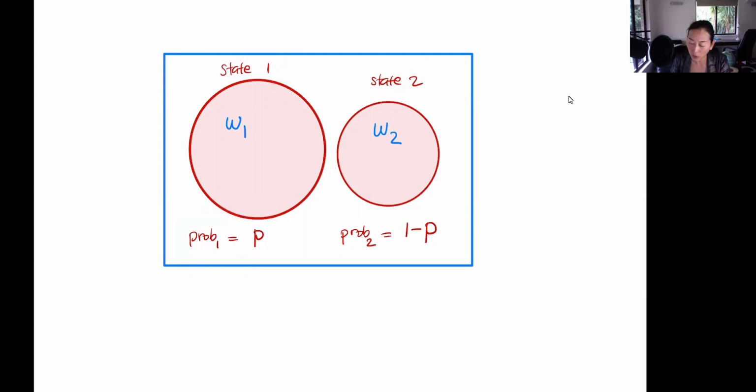And if instead event 2 occurs, this is going to be the outcome associated with state 2, given the probability 1 minus p.